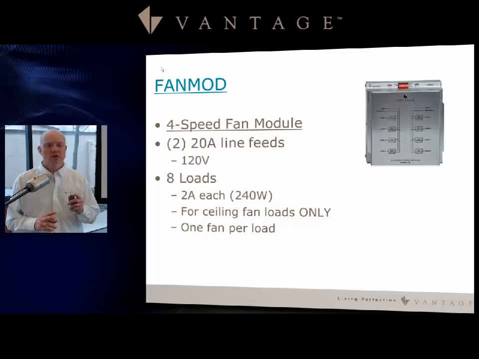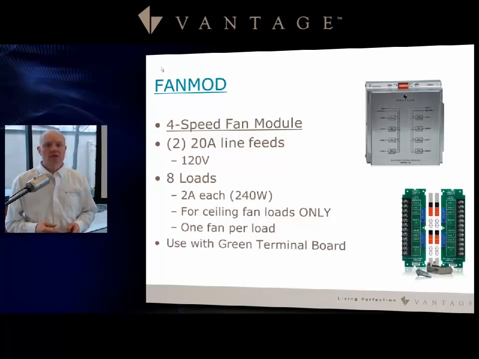You are to utilize only 1 fan per load, and this is because of the capacitance being varied. Once again, it's the same reason why we don't use the dimmer modules to do it. If you put multiple fans in series, your capacitance is going to be adjusted incorrectly, and you can cause damage to the motor and to the module. This does utilize the green terminal board.